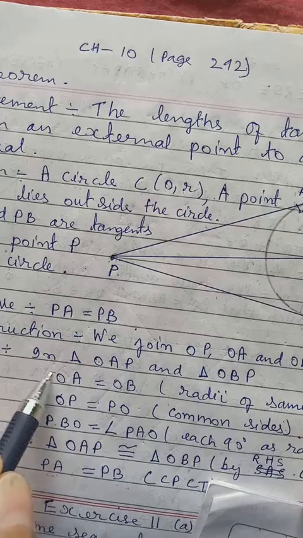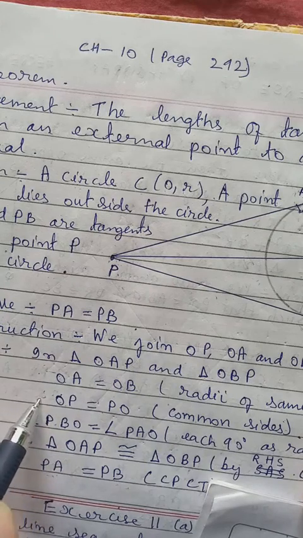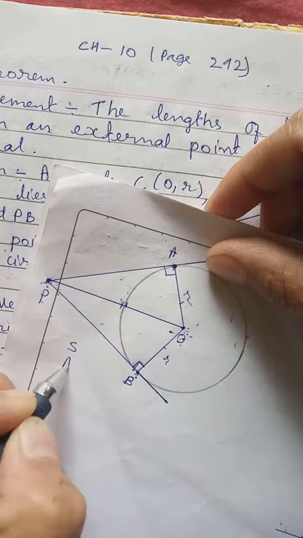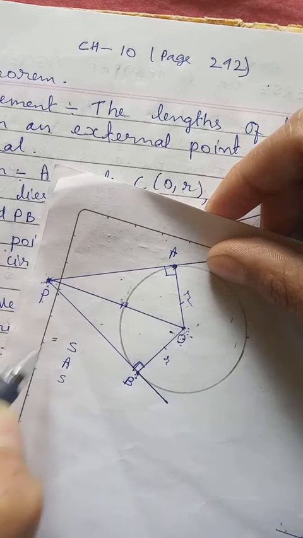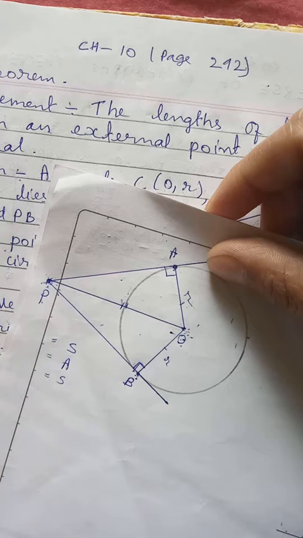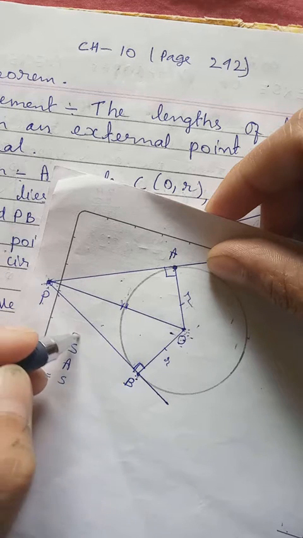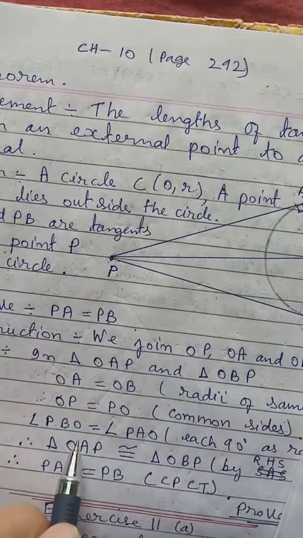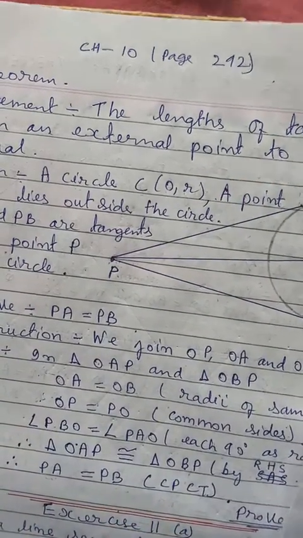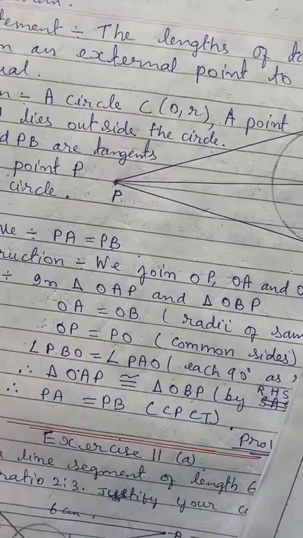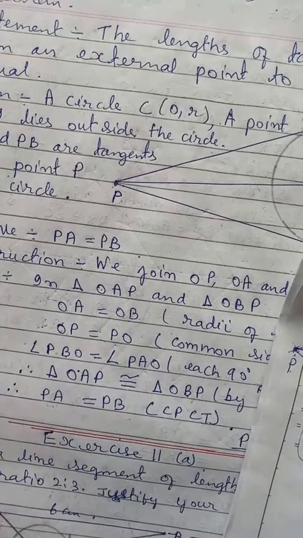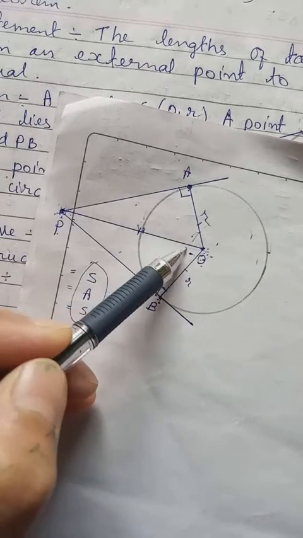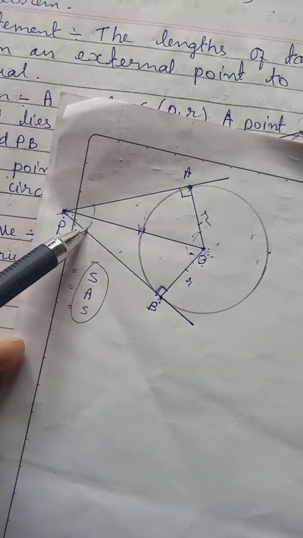Now get this one is the side, this one is the side, this one is the angle. If you remember from class 9, when we have SAS, two sides are equal, one pair of angles are equal. Then in that case, we get the SAS congruence, which means the two triangles are congruent. That means equal in everything. So the remaining side and the remaining angle will also be equal. But we don't need that.